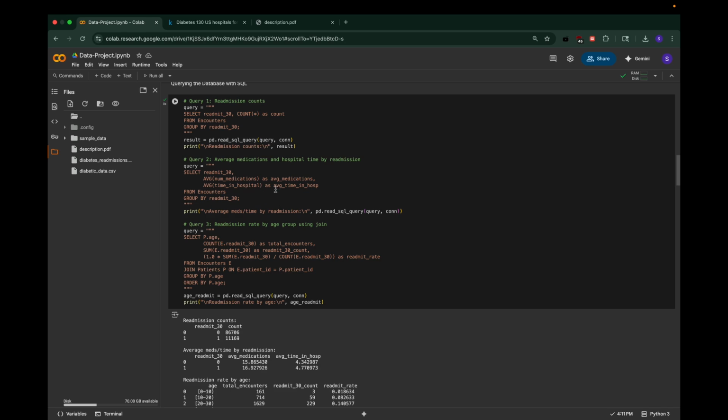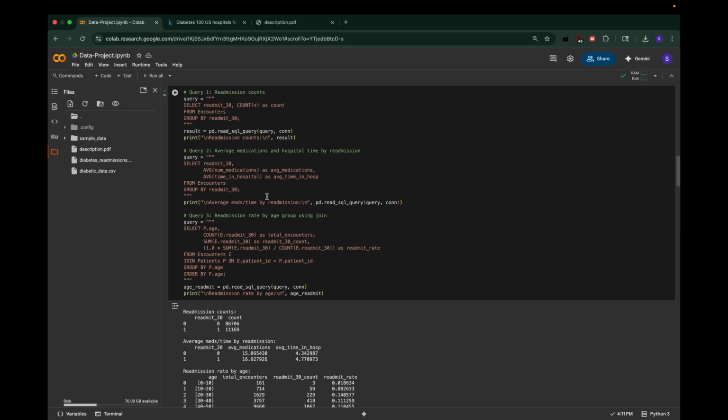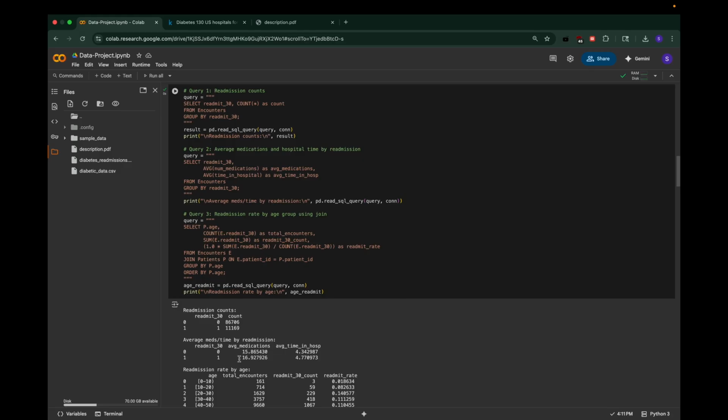The next query checks the average number of medications and the average length of the hospital stay for each patient depending on their readmission status. This shows that people who are readmitted within the 30 days are more likely to take more medication, and around 0.4% more likely to stay a longer time in the hospital.